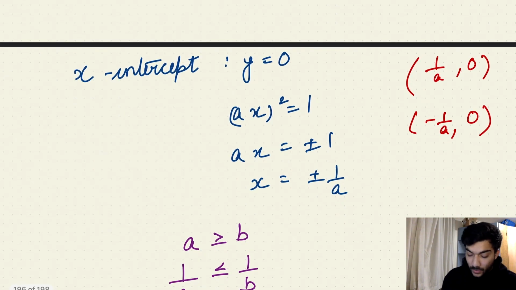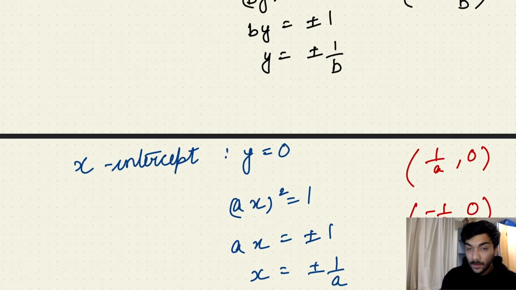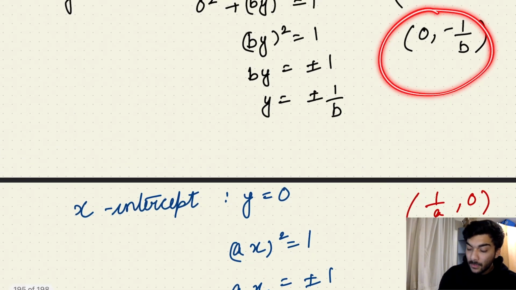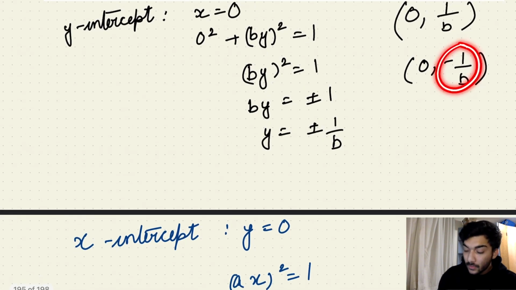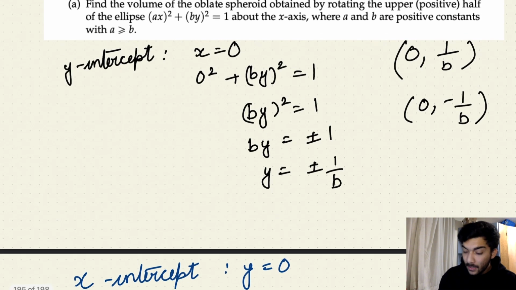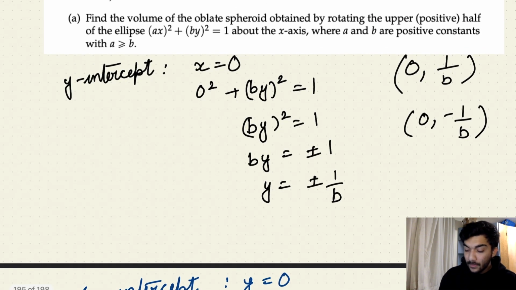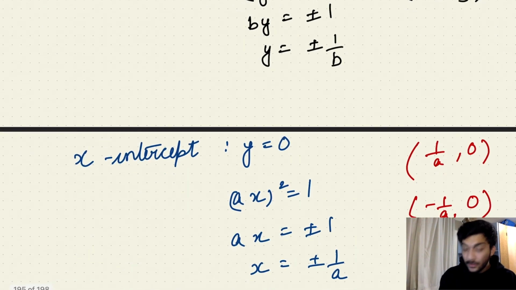The basic overview is, since we know that a is greater than or equal to b, we derived that 1 by a is less than or equal to 1 by b. And since we have 1 by a comma 0 on the x-axis and 0 comma 1 by b on the y-axis, and 1 by b is greater than 1 by a, the distance from the origin to the uppermost y point of the ellipse is greater than the distance from the origin to the rightmost x point.